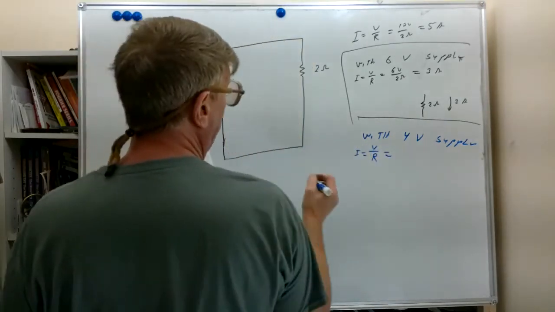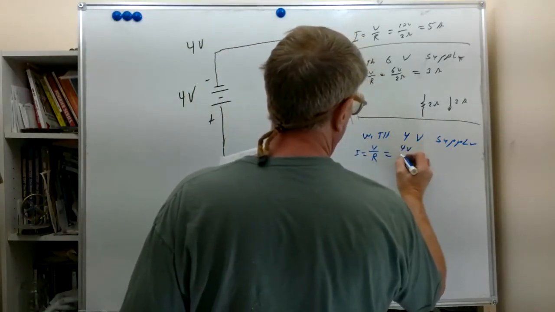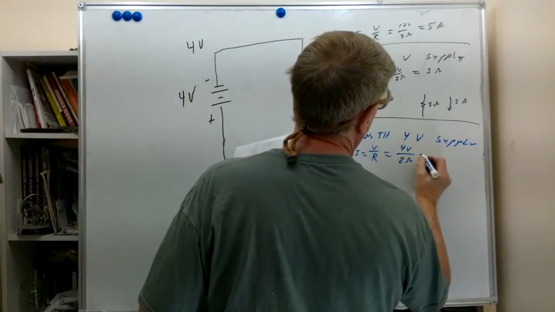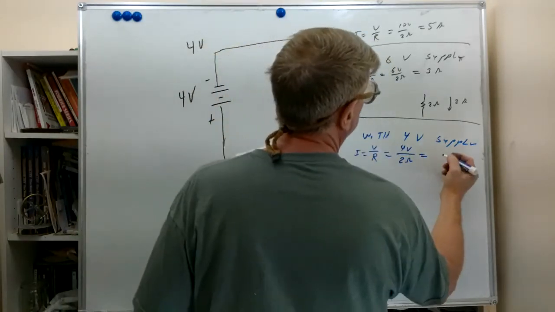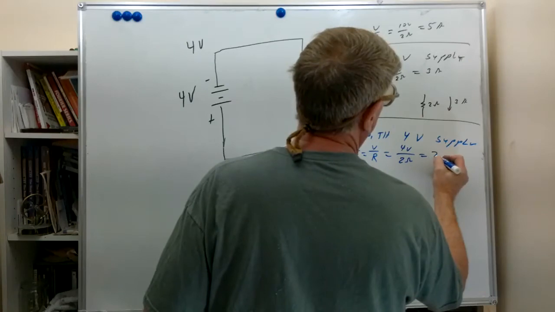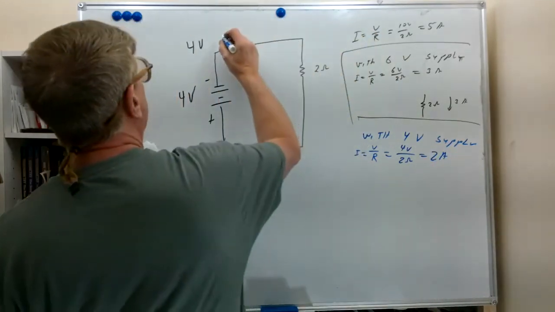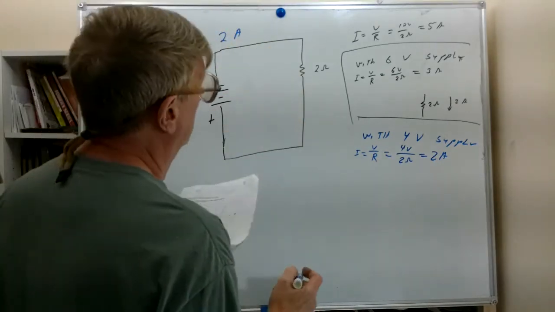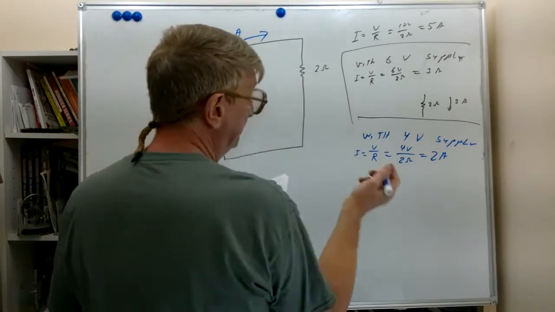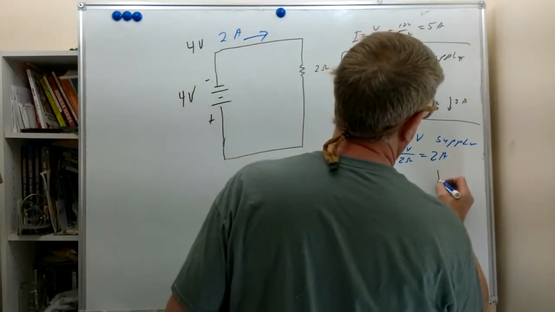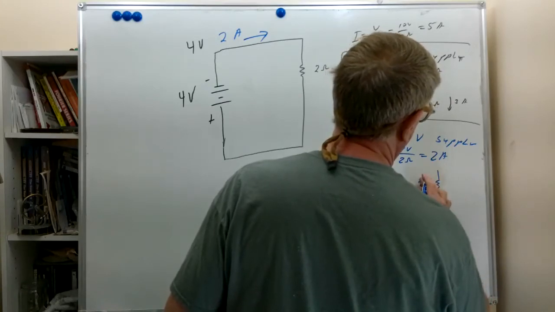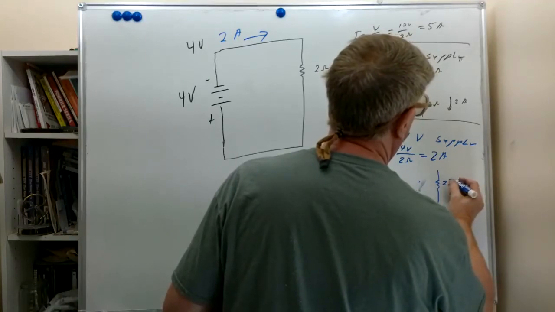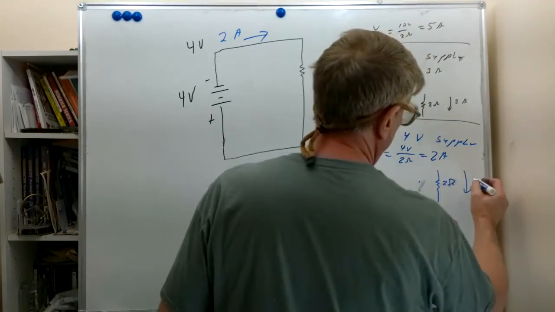We now have 4 volts, and we divide that by the same 2 ohms. We have 2 amps. The polarities are such that it's the same direction as before, so we'll draw that arrow to match. I'm going to draw our 2 ohm resistor right here, and we're going to put a current arrow, which is now 2 amps.